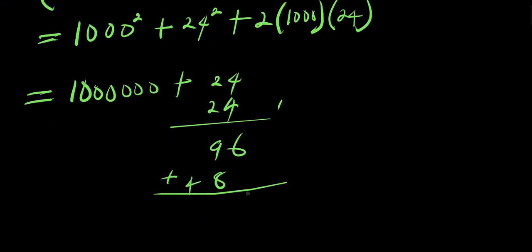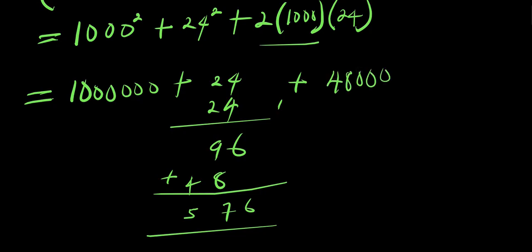This is 576, right? So we have plus 2 times 1000, 2000, times 24. That is 48,000.